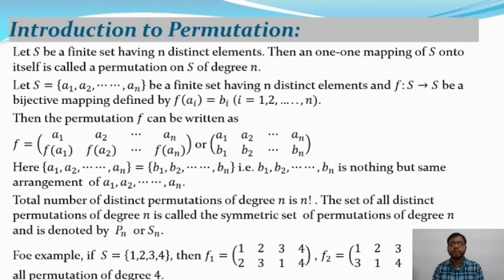The set of all distinct permutations of degree n is called the symmetric set of permutations of degree n, and is denoted by Pn or Sn. Any permutation of degree n can be written as Pn or Sn, but Sn is the set of symmetric permutations of degree n.